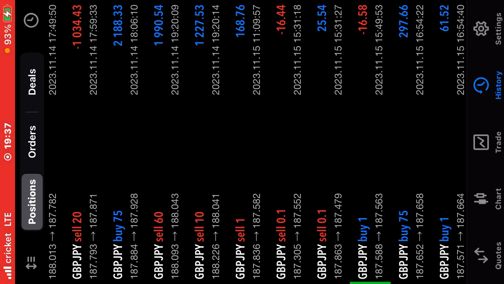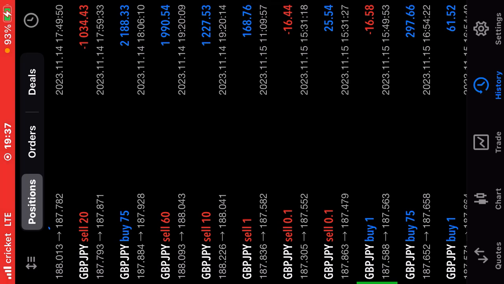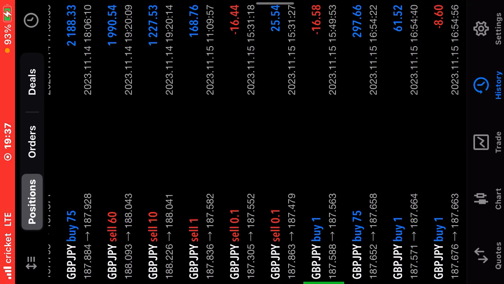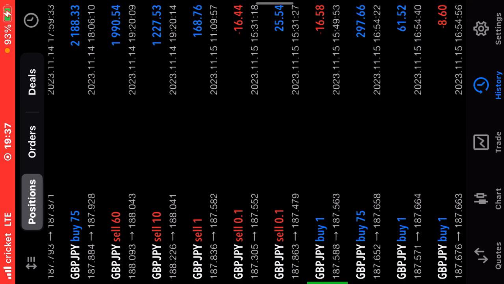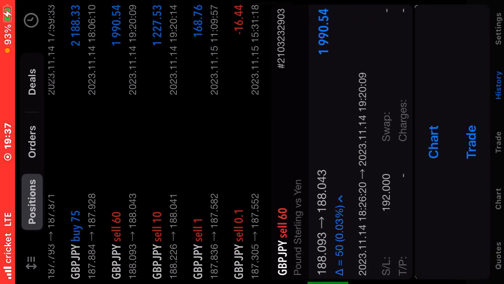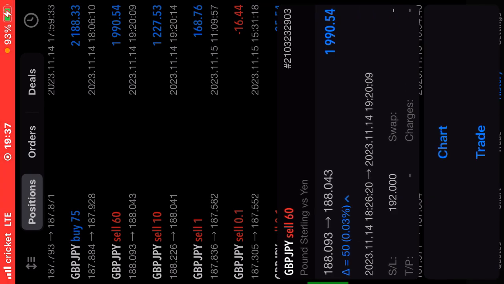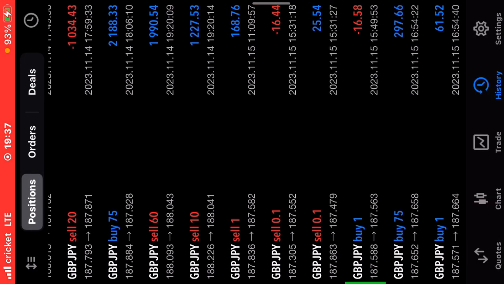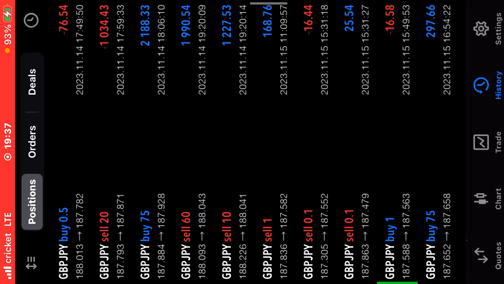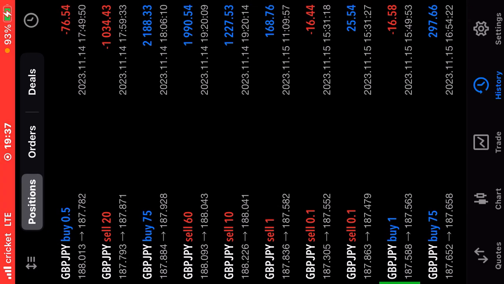That's because I wanted to start trading bigger lots. Because you can see over here it says sell 20 and then sell 775, which is actually $750 a pip. So this one would be $20 a pip. That's 50 cents a pip. Big difference.